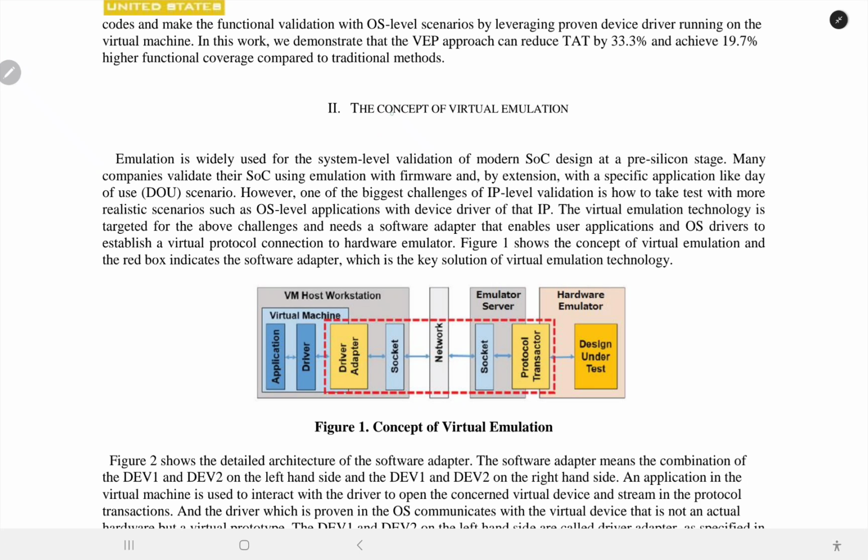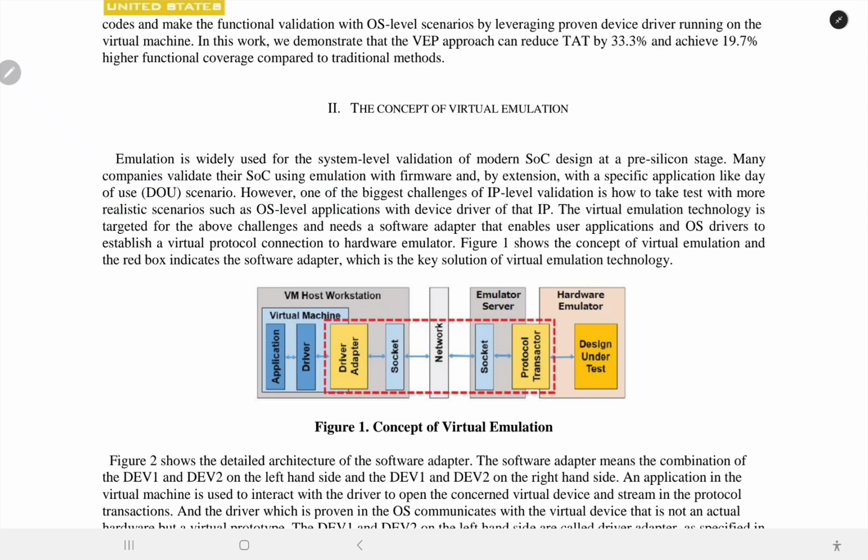2. The concept of virtual emulation. Emulation is widely used for the system-level validation of modern SoC design at a pre-silicon stage. Many companies validate their SoC using emulation with firmware, and by extension, with a specific application scenario.